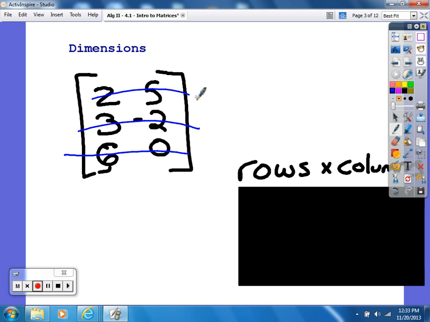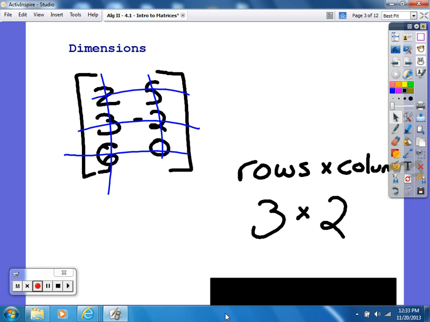How many lines do I draw? 3. So it's 3, and then I draw my vertical lines by 2. So the answer is just a 3 by 2. I honestly draw the lines in. Probably not as dark as that blue. If I'm using pencil, I draw it very lightly, or I just pretend to. But that helps me to figure that out.